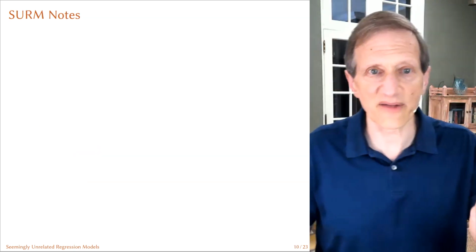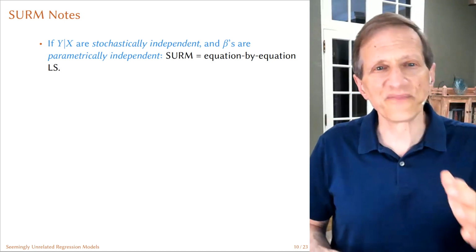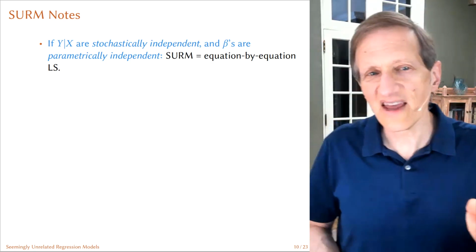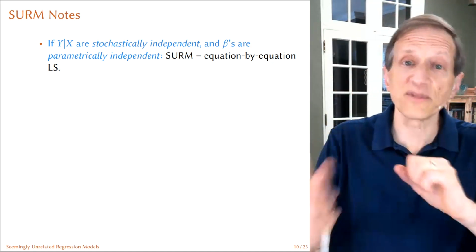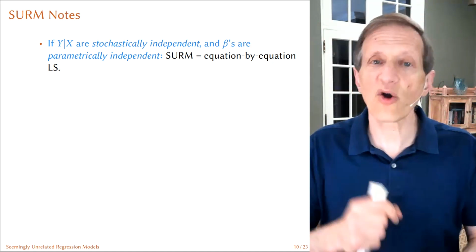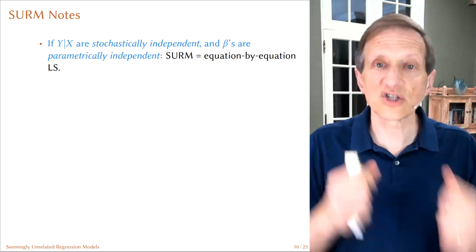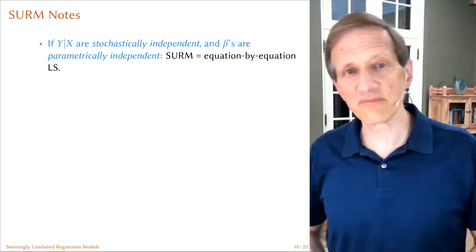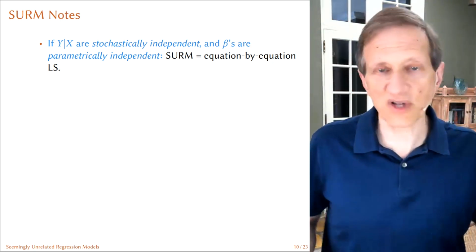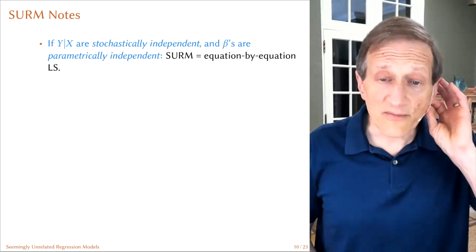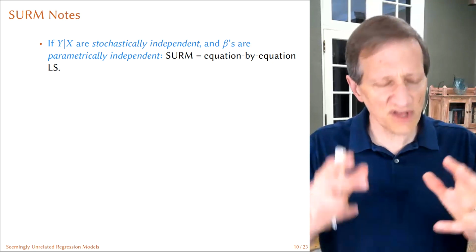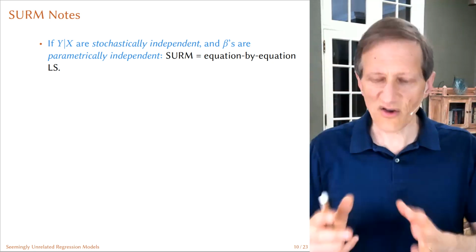Okay, let's keep going. So if y given x are stochastically independent and the betas from the different regressions are parametrically independent, then SURM produces equation by equation least squares, just like in the general case, for the same reason that I showed you. So you think about what SURM is. SURM is you have a set of regressions.